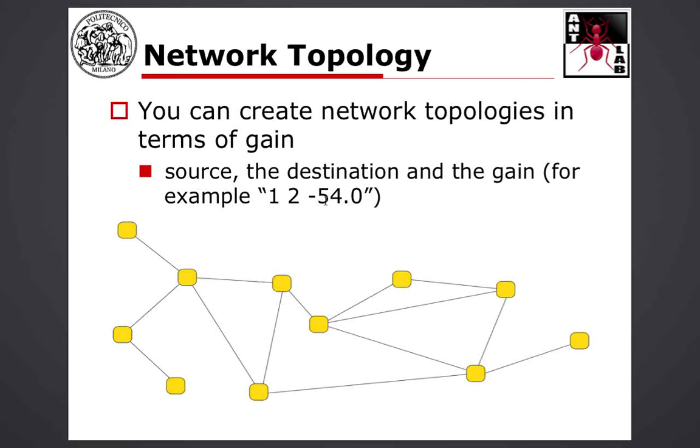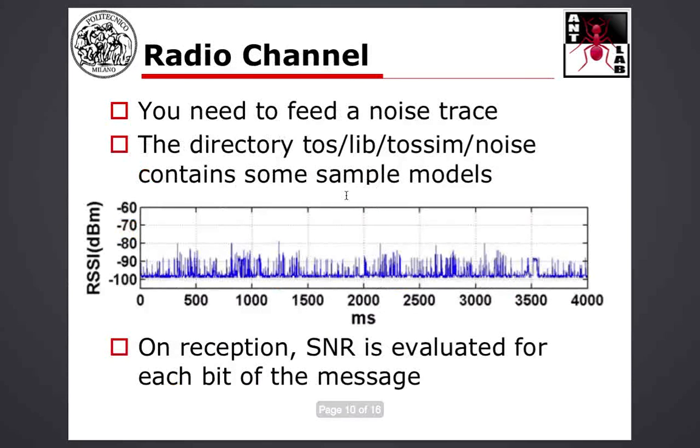When you start moving towards -80, -90, it becomes a bad link. This number is the received signal strength observed by the receiver when a packet arrives from the transmitter, in dBm. But we will see this in detail.